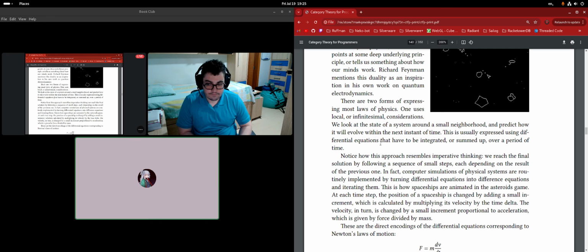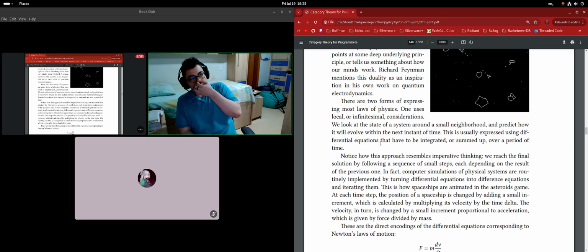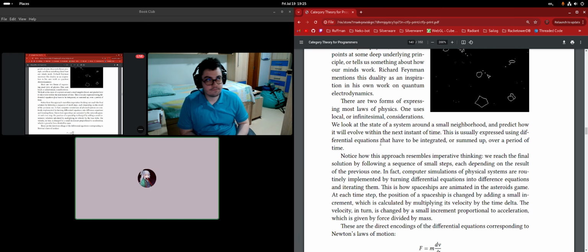There's an interesting parallel here with operational semantics, actually: small step versus big step operational semantics. Operational semantics is a particular way to define the execution of a computational calculus.